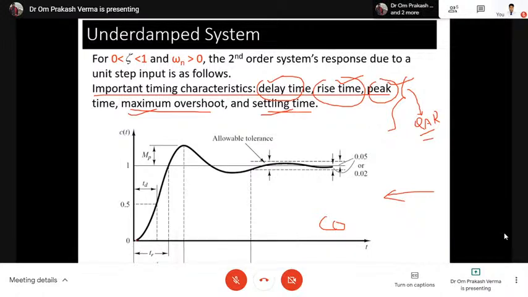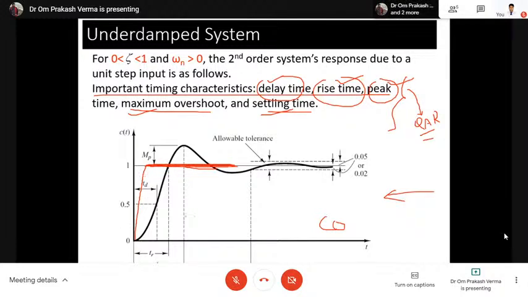As I already told, our target is to achieve this value without any error in a very short time, or you can say zero time, but it's not possible. There is always some time taken to reach the response, and some error will also be generated.